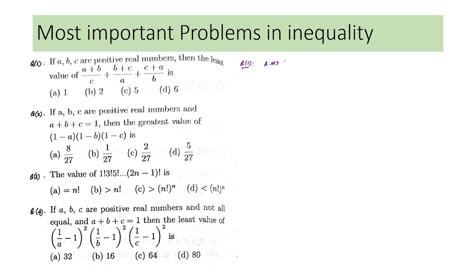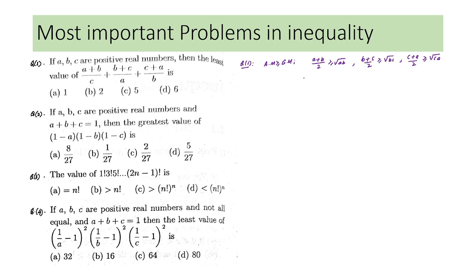In that case you will see (A plus B) by 2 is greater than or equal to root AB, and (B plus C) by 2 is also greater than or equal to root BC, and (C plus A) by 2 is also greater than or equal to root CA. Equality holds when A equals B for the first case, when B equals C for the second case, and when C equals A for the third case.